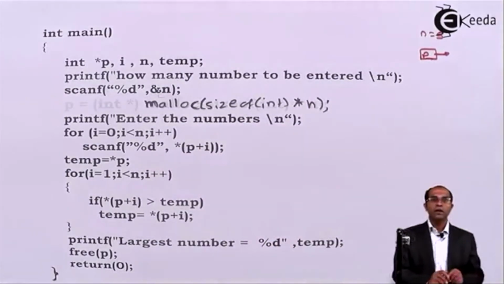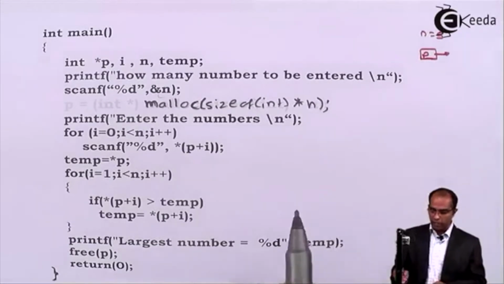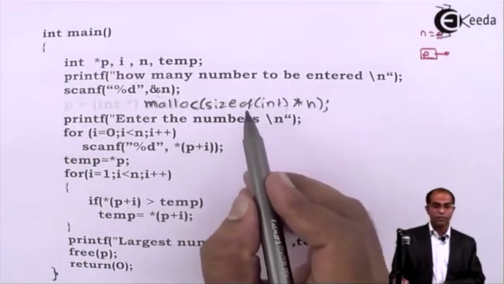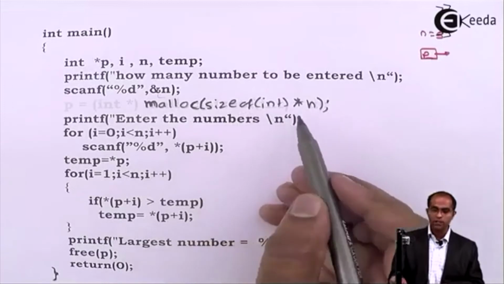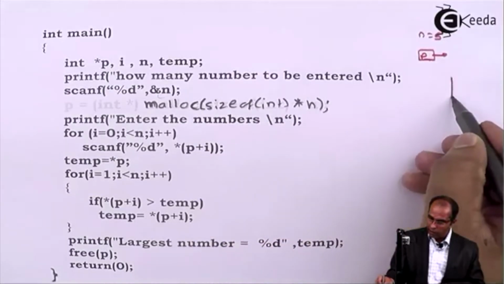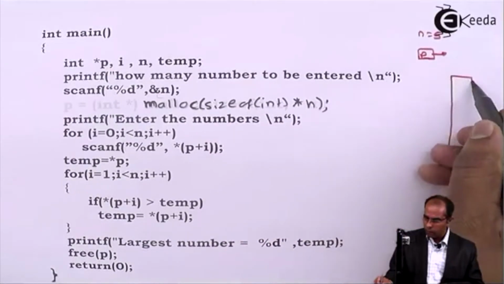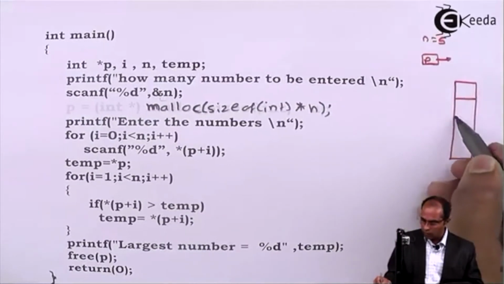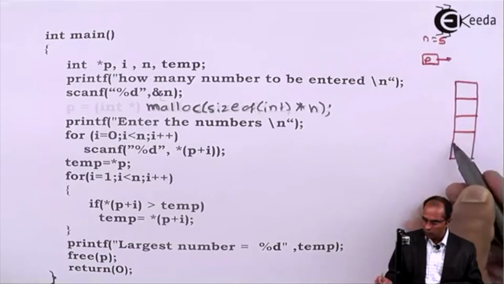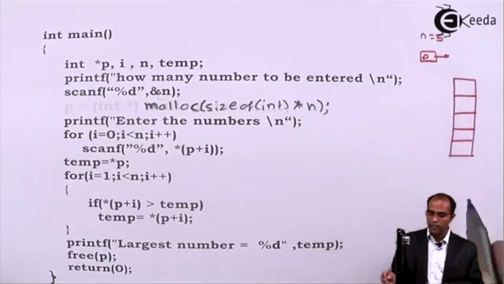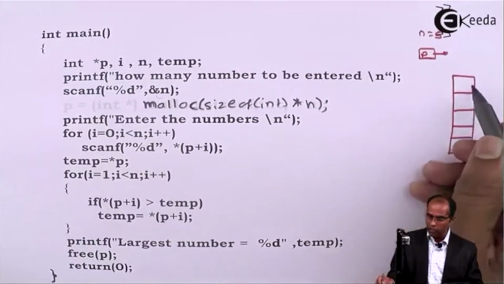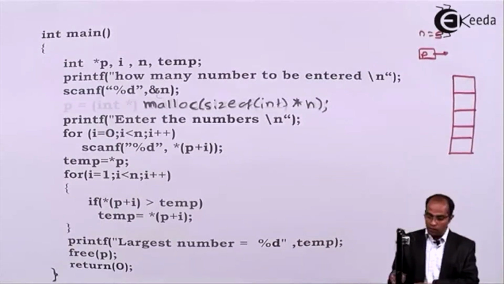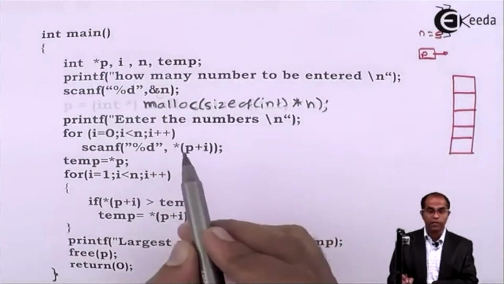Suppose I have 5 values, n is 5, and 5 multiplied by sizeof(int), which is 2, so 2 into 5 is 10. So it will now get 10 free bytes, 5 locations, each of 2 bytes. In each of these 2 bytes, you can store integer values because you said sizeof(int).